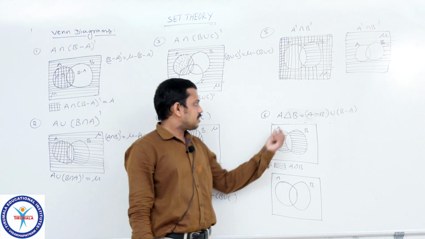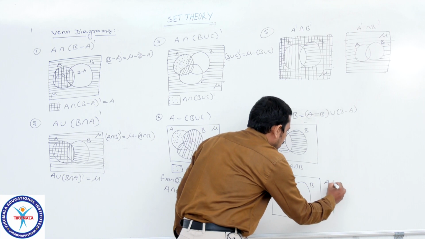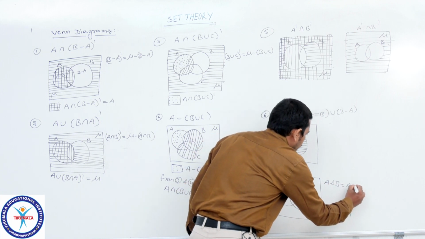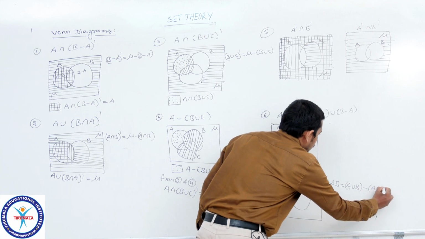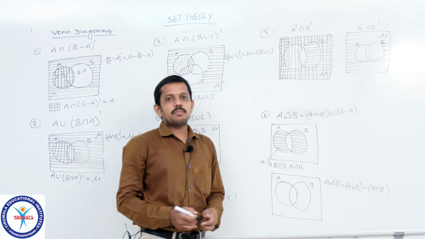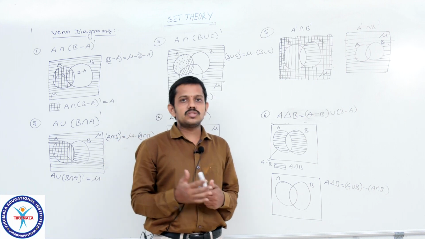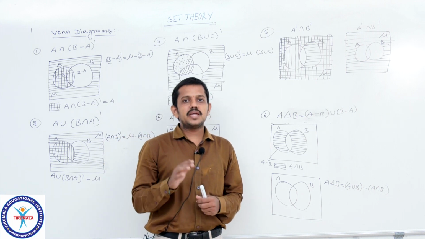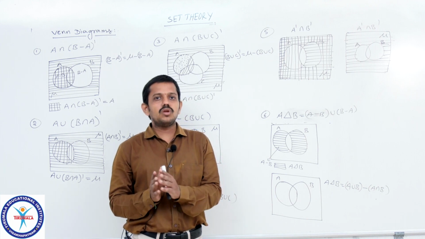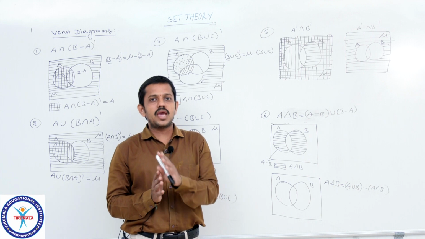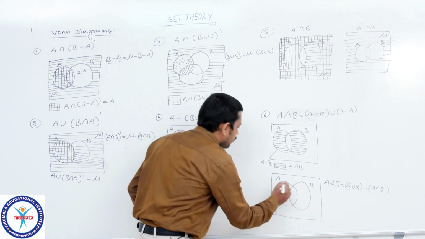Now, we will draw A delta B for A delta B is equal to A union B minus A intersection B, means from the region of A union B we have to exclude the region belonging to A intersection B, means the common region of A and B will be excluded from the region belonging to A or B. So, what is the region belonging to either A or B?